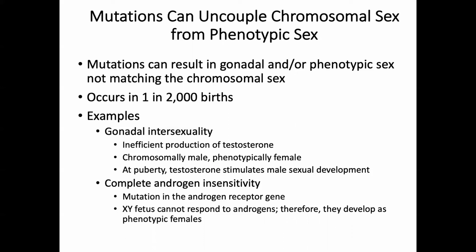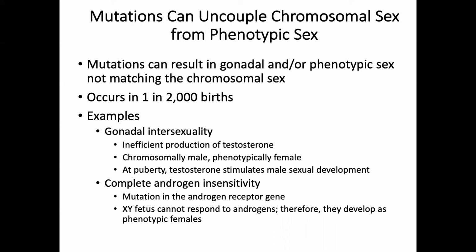This can result from inefficient production of testosterone in the XY fetus. Without enough testosterone, the XY fetus can develop into a female phenotype. However, in very few cases, testosterone can be produced normally during puberty and stimulates male sexual development.